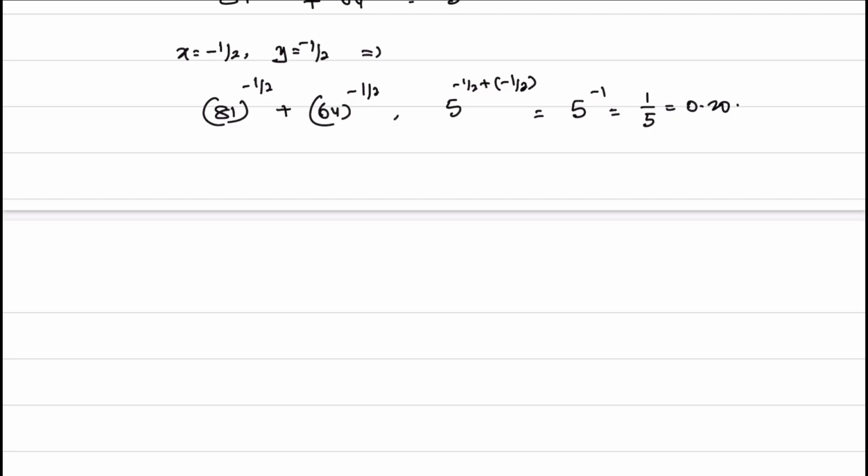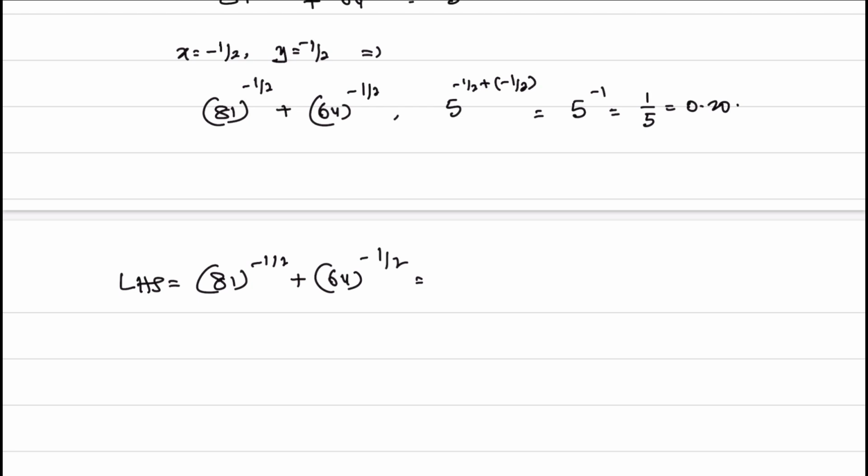Can this point lie on the curve? X is equal to minus half and y is equal to minus half. Can this lie on the curve? Let us see. 81 to the power of minus half plus 64 to the power of minus half, that is the left hand side.